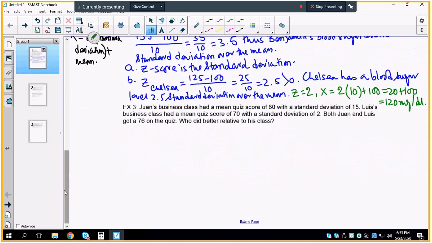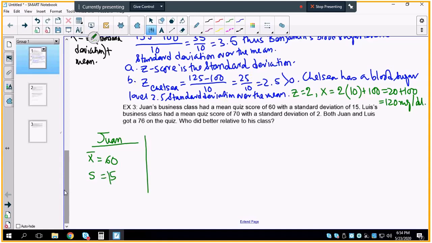Juan in business school had a mean quiz score of 60 and a standard deviation of 15. So I am talking about student 1 who is in business school, and the mean quiz score is 60, and the standard deviation in this quiz is 15.